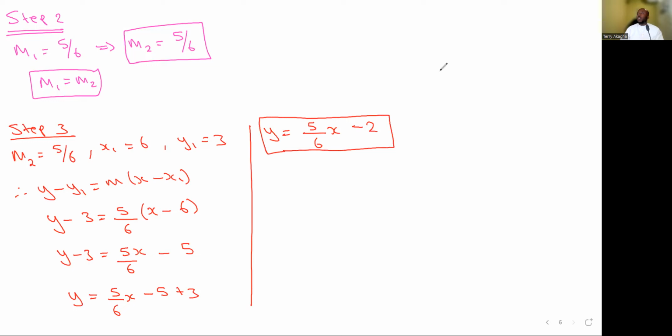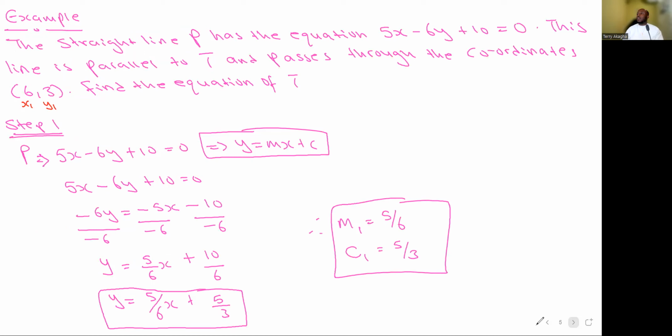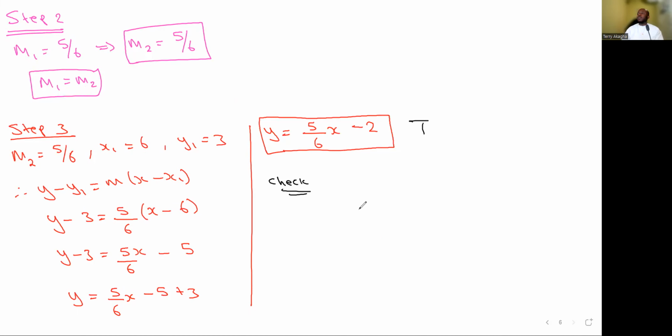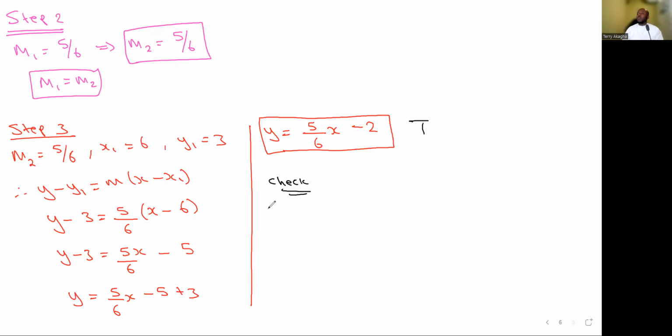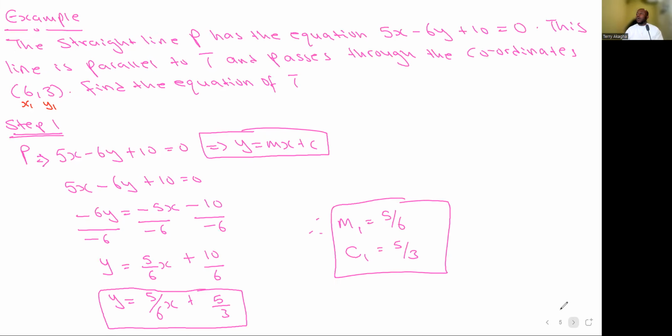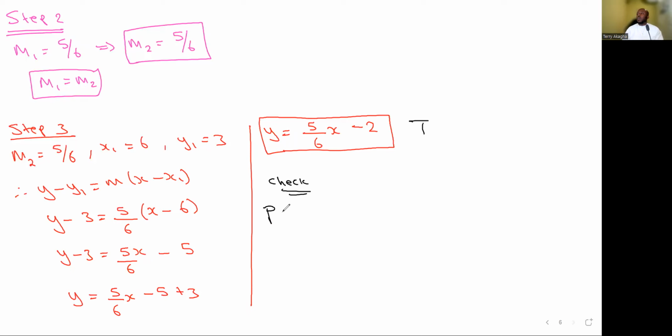So now, if you want to check to be sure, this was called line T, okay? So this is the equation of line T. Now, for P, we're given P. We know P was y is equal to 5 over 6x plus 5 over 3. So for line P, is that correct? Yes. So P was equal to y is equal to 5 over 6x plus 5 over 3.